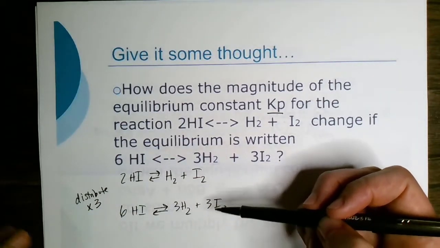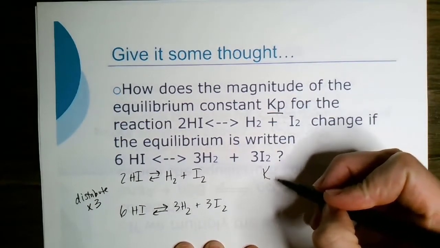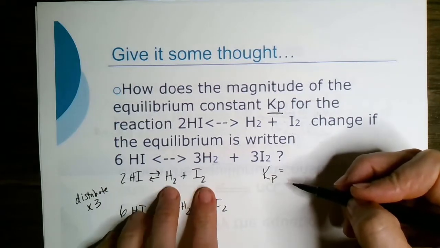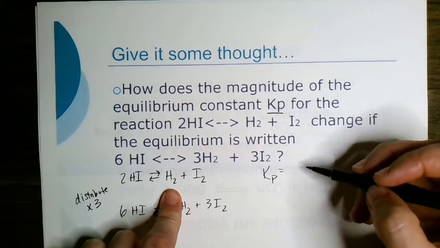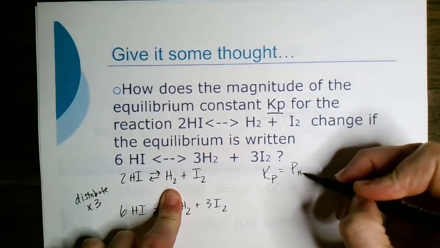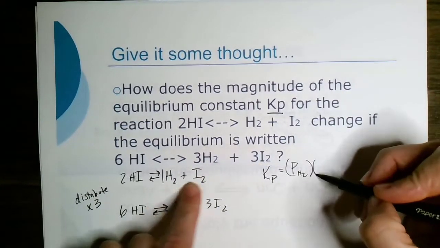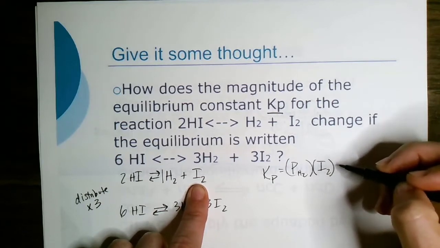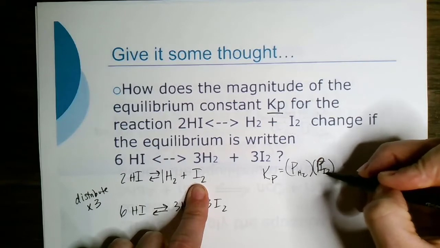Okay, so we compute what our original K constant, or our Kp, our pressure constant, is. We're going to look at our products over our reactants. So we would take the partial pressure of hydrogen, and notice that it's only to the power of 1, times the partial pressure of iodine.